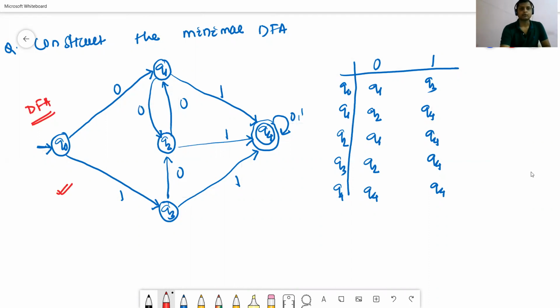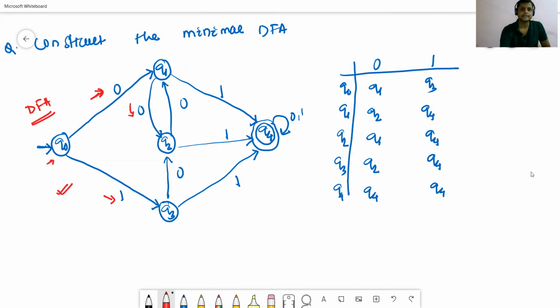Q0 itself is the initial state. We can reach Q1 from the initial state Q0 using this path. We can reach Q3 from the initial state using this path. We can reach Q2 from the initial state using this path.